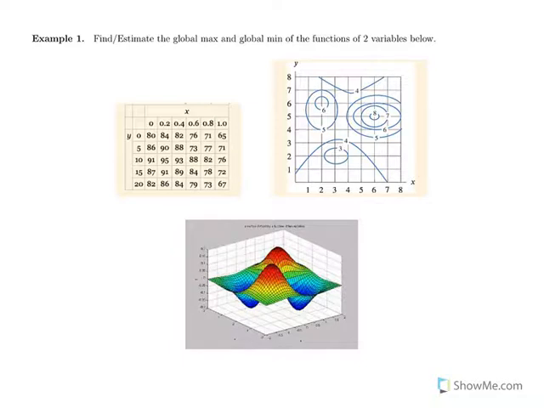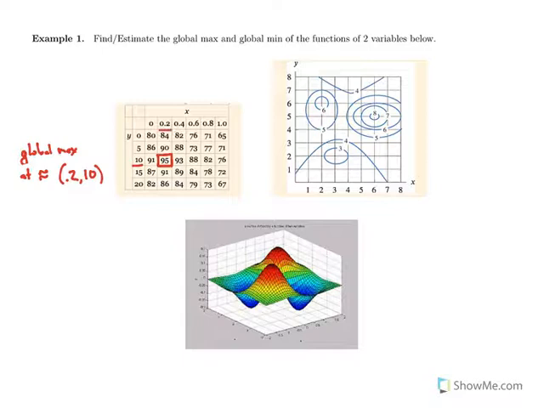It's going to be an estimate because we don't have all the values. We're just going to be looking for the biggest function value and the smallest function value in our table. This is all the information that we are given. So the biggest function value happens at this 95, right? So we can say with some confidence that the global max is going to be at about x equals 0.2 and y equals 10.